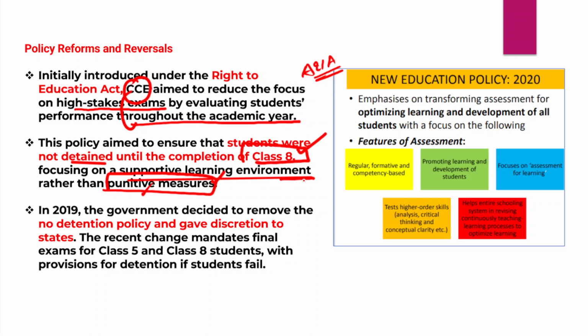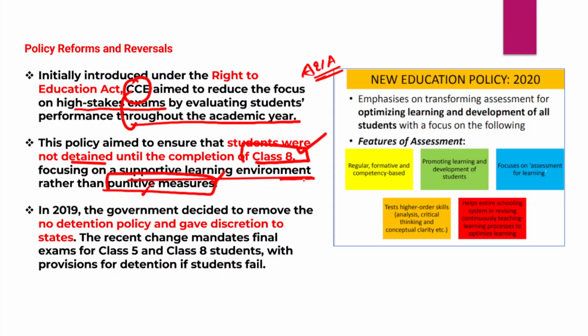Right? So however, now the government has decided to go ahead with the detention policy. So that essentially means that if a student in class 5 is not able to pass the final examination, he will be made to reappear for the exam again until he passes.